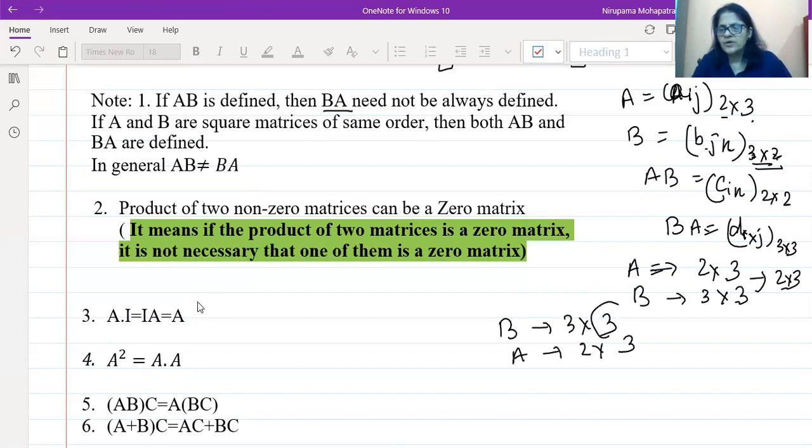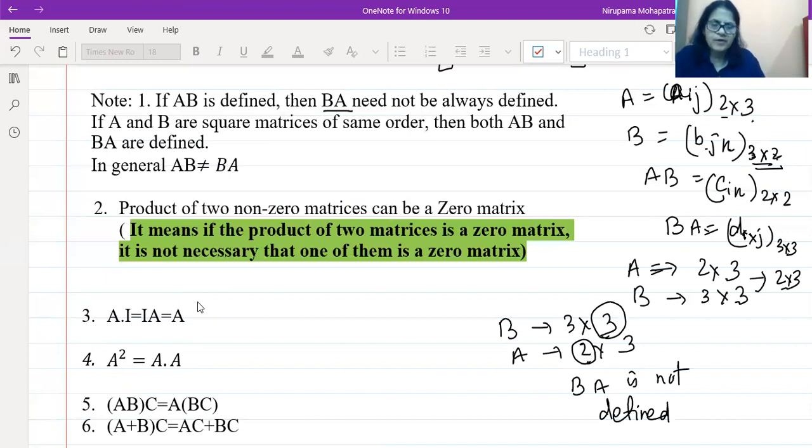Here the number of columns of the first matrix is 3 and the number of rows of the second matrix is 2, so you will not get an equal number of elements in the rows of the first matrix and columns of the second matrix. That is the reason BA is not defined.